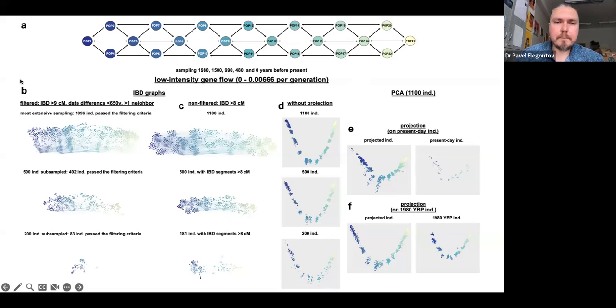But if we construct network graphs where nodes stand for individuals and edges stand for IBD segments shared by these pairs of individuals, then we can sometimes achieve much better resolution of populations to rupture.